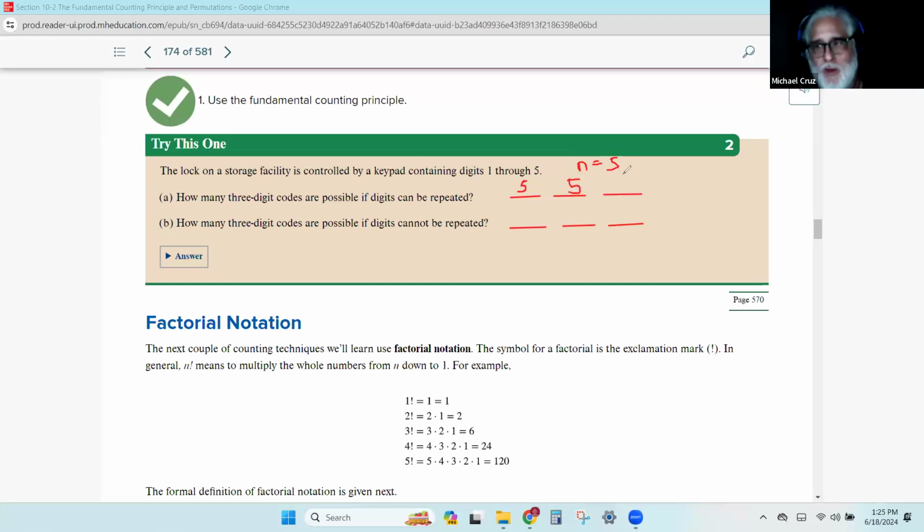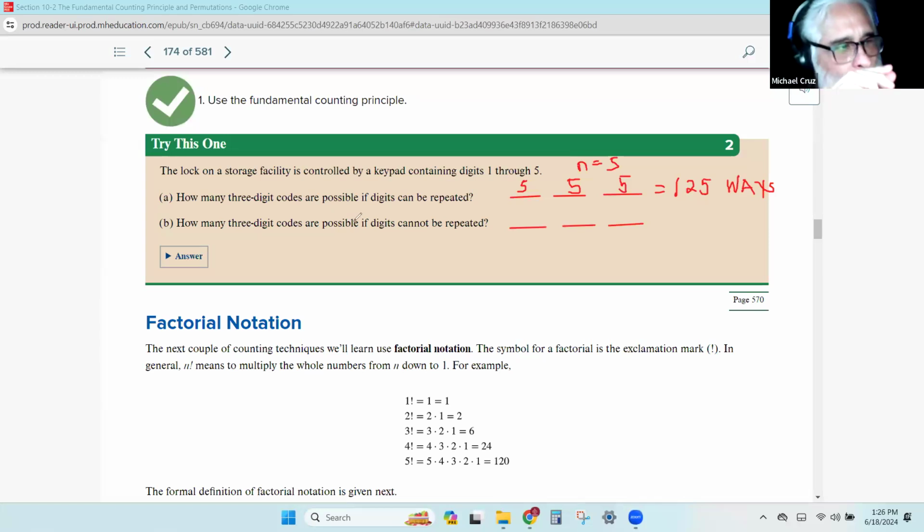Same thing on the third pick, we still got 5. So there's 125 ways to pick that passcode.